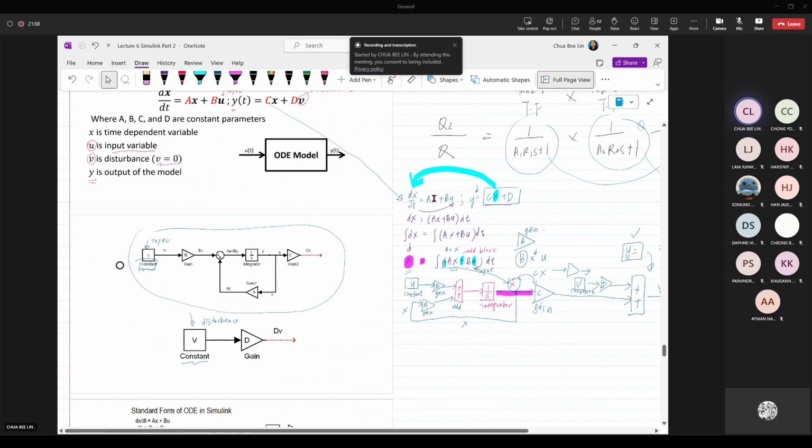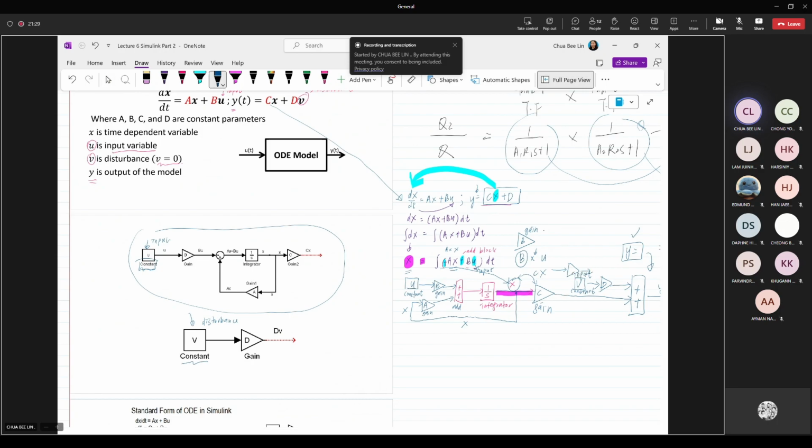We will integrate both sides, then we will finish the first part, and then we will check, okay, this is the X. X is here, so you continue from here, multiply with the C, because Cx. Then you have the addition block over here, so VD. So is it D first or V first, you have to check which one is the input. Like V is the input over here. So this V is the input. That's why V should be placed first. And when they put this one, D, V, this one means multiply.